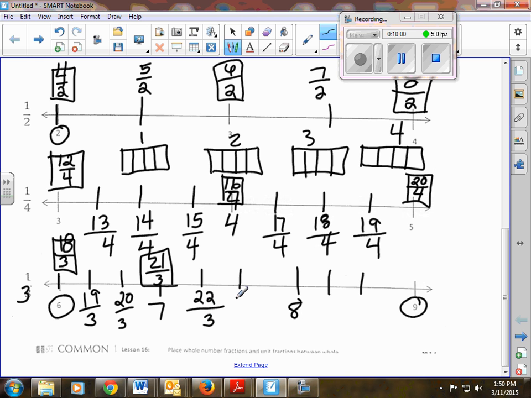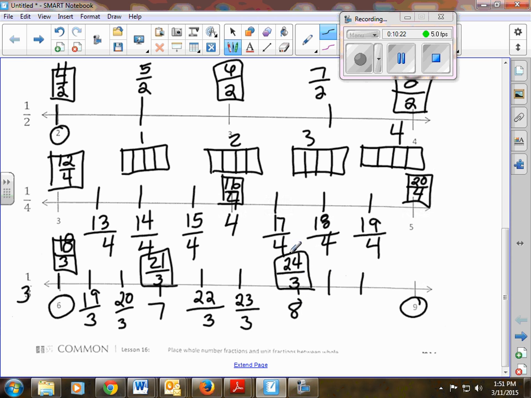This is 23 thirds. What's our next one going to be? You're right. It's going to be 24 thirds. And you want to box 24 thirds. Okay, let's check. 24 divided by 3 equals 8, and 8 times 3 is 24.